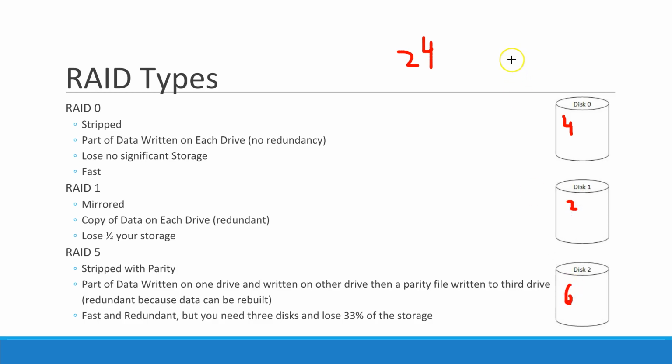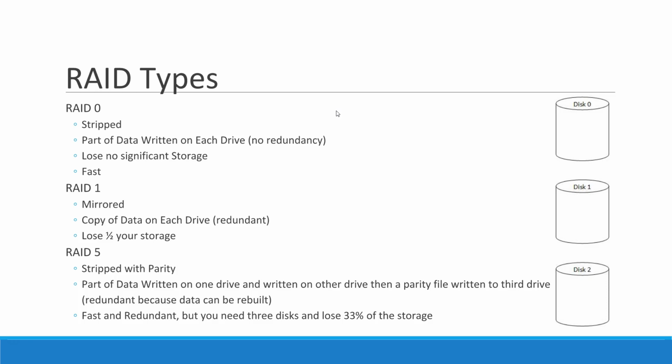Next bit of data we'll do 36, so we'll put the 9 here, the 3 here, and the 6 here. The point is that where the actual parity file is on these 3 disks will change periodically, but that's fine. People often say a parity file. I'm just letting you know that in the real world the parity file jumps around.